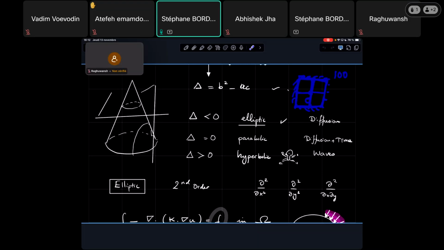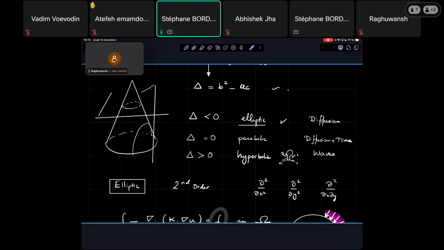But if you're interested in, let's say, you have one measurement system, one sensor at one given point, and you want to predict what will be the evolution of that concentration of pollutant at that point over time, then you will need to solve a parabolic problem because elliptic problems know nothing about time. They only know about the steady state. So they will get rid of all the time derivatives and only give you spatial derivatives. And then you will have very nice solutions that look super smooth, very regular, and very well behaved.